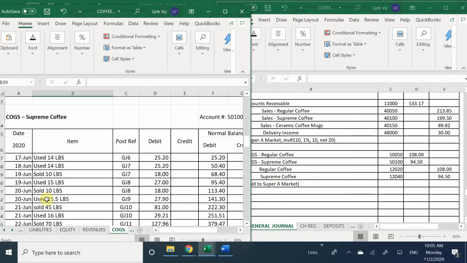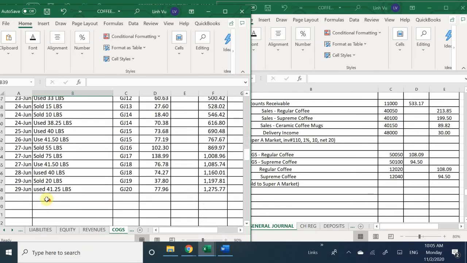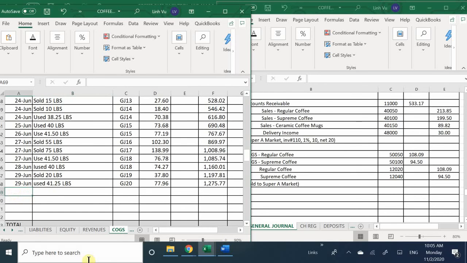All right. And then we go down to sales supreme. Cost of goods sold Supreme Coffee, and we sold 50 pounds. General Journal 21.